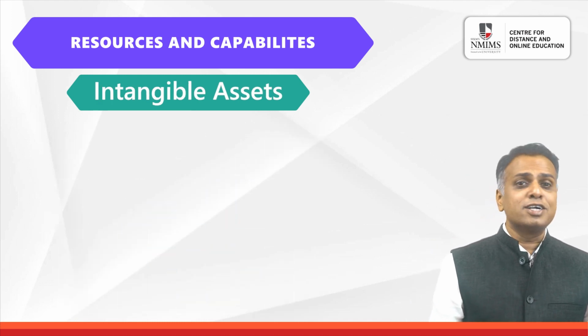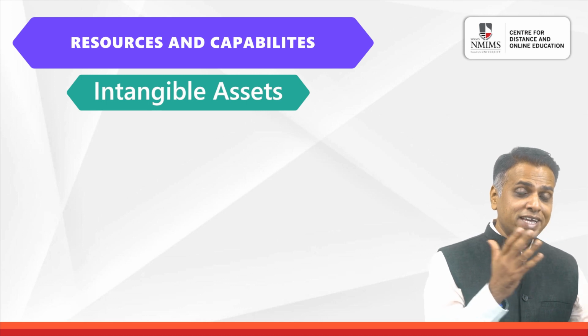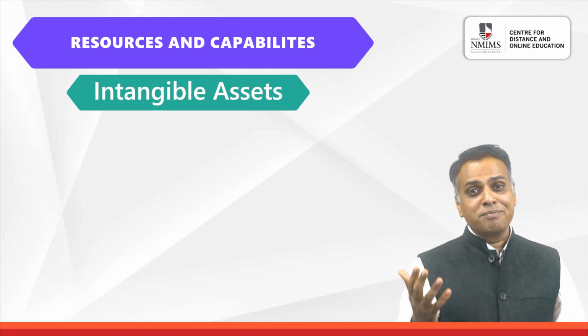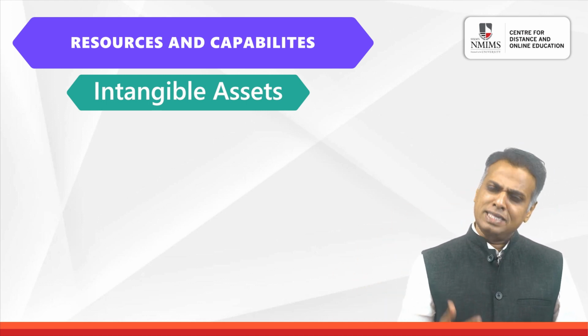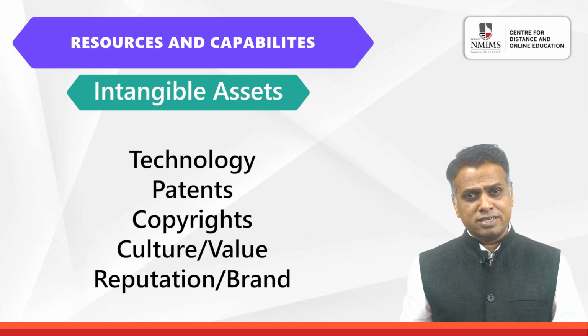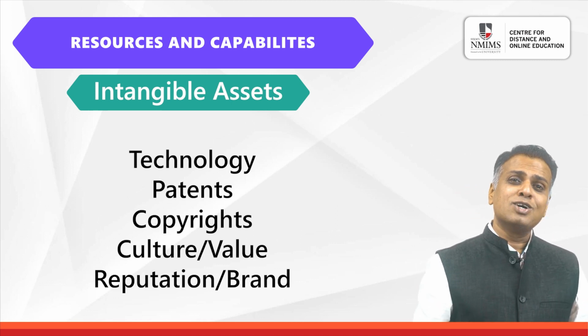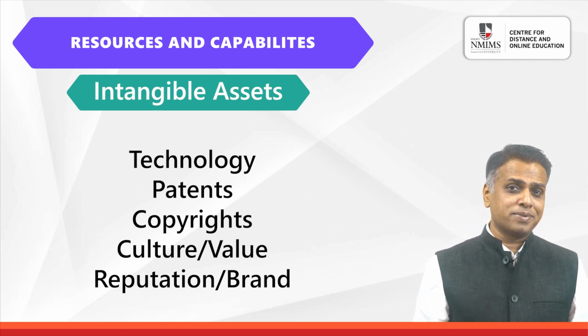Then we have the third resource, which is intangible assets. After tangible, we have to cover intangible assets, the goodwill, the brand image that the company has created over a period of time. These include technology and the patents on that technology, copyrights, organizational culture and even the reputation of the company.